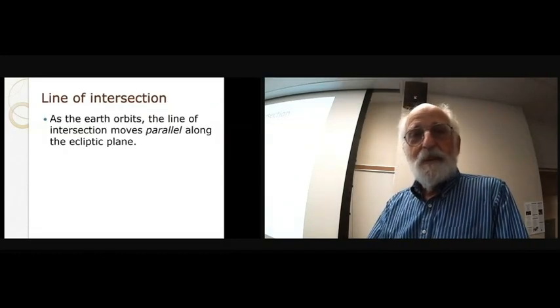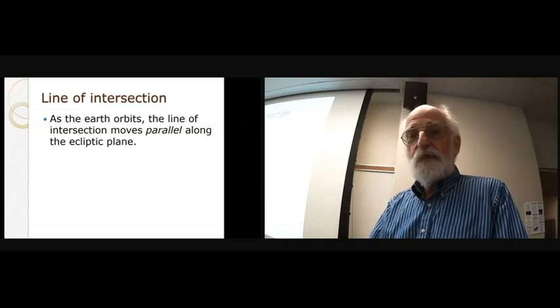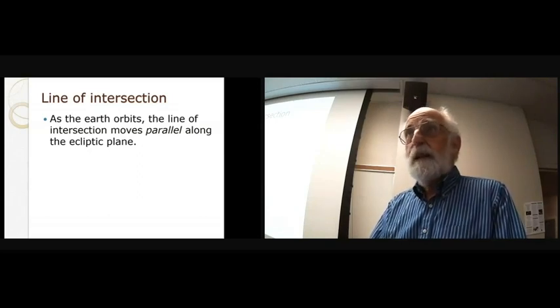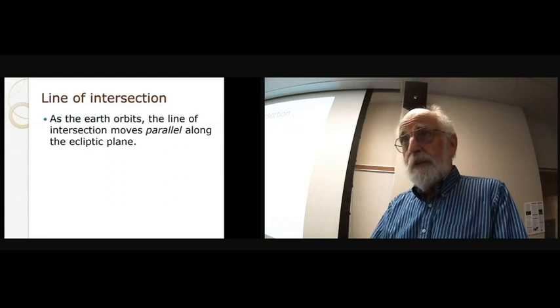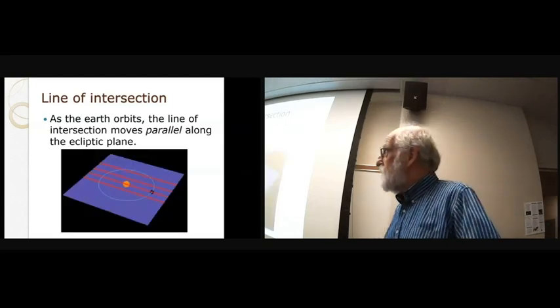As the Earth moves, here's the critical issue: the line of intersection moves parallel along the plane containing the Earth and the Sun, which is called the ecliptic plane. So that's this picture.